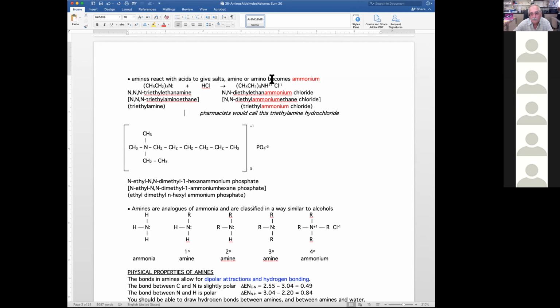But now, just like the ammonium ion, this has 1 proton more than it does electrons. So it has a positive charge. And then the chlorine becomes chloride, which is the counter ion.